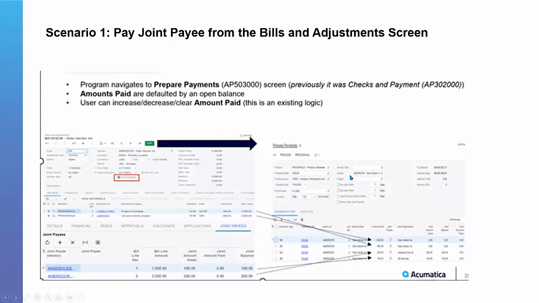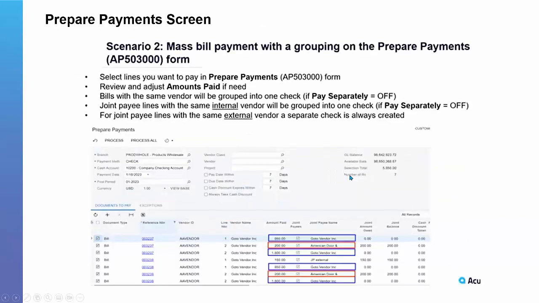Now, several of you run them by going through the normal process of the prepare payment screen. What has been enhanced here is that now if that same joint payee exists perhaps on two different bills, it's going to combine them for you onto a single check.